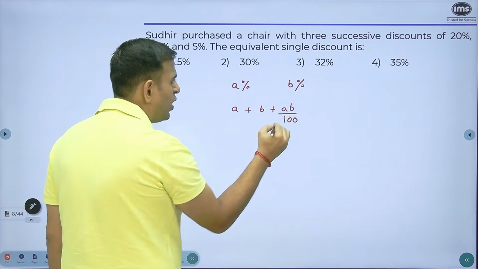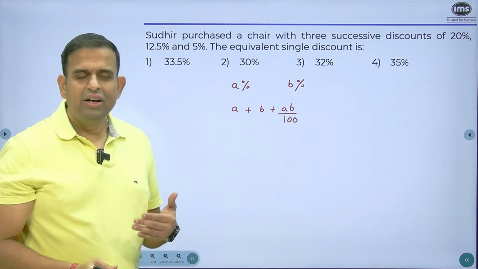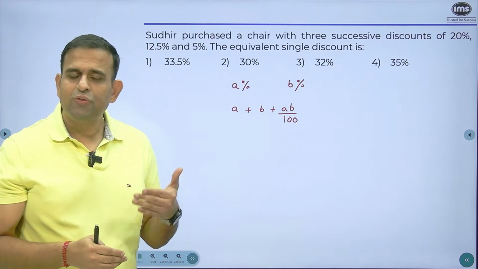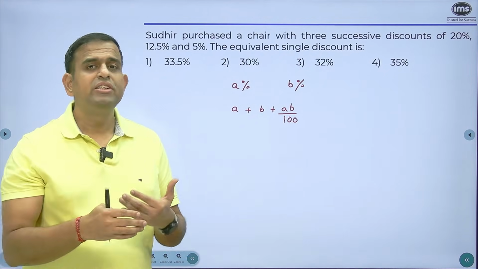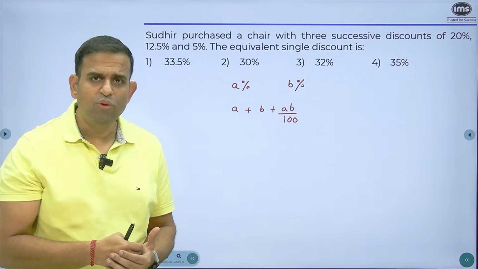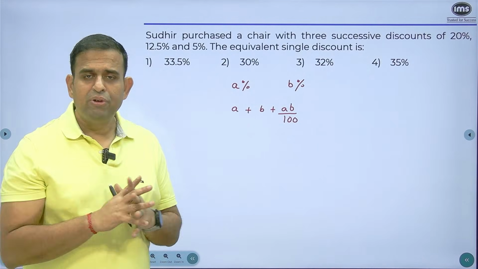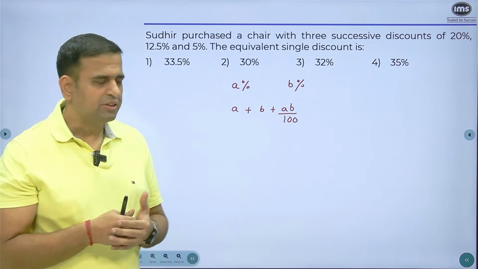Please note, we do have a formula for A%, B% and C% as well, but people don't tend to remember those tedious formulas. This formula is very much applicable and known to most of us.